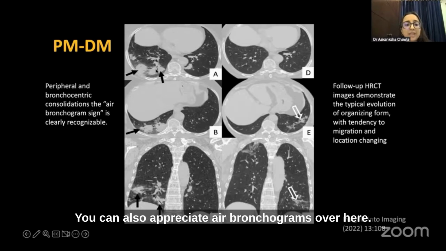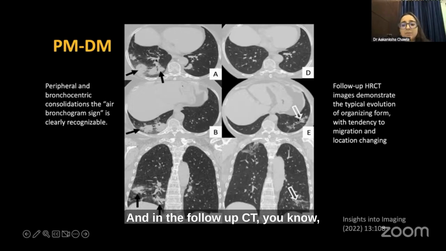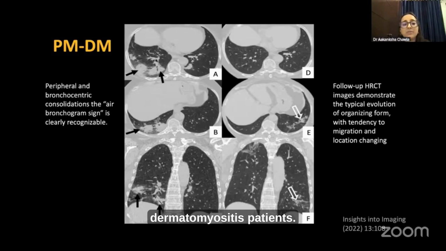You can also appreciate air bronchograms over here. And in the follow-up CT, there is typical evolution of the shadows and also migration and location changing. So this is also something which has been associated with polymyositis and dermatomyositis patients.